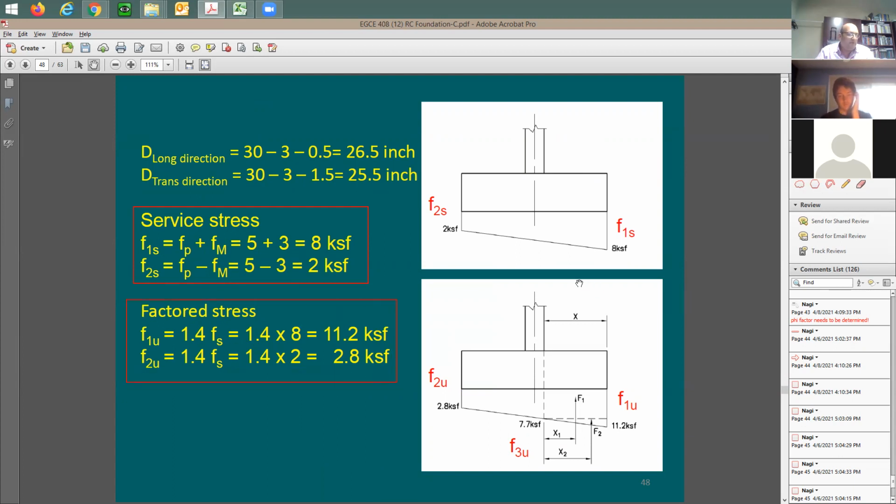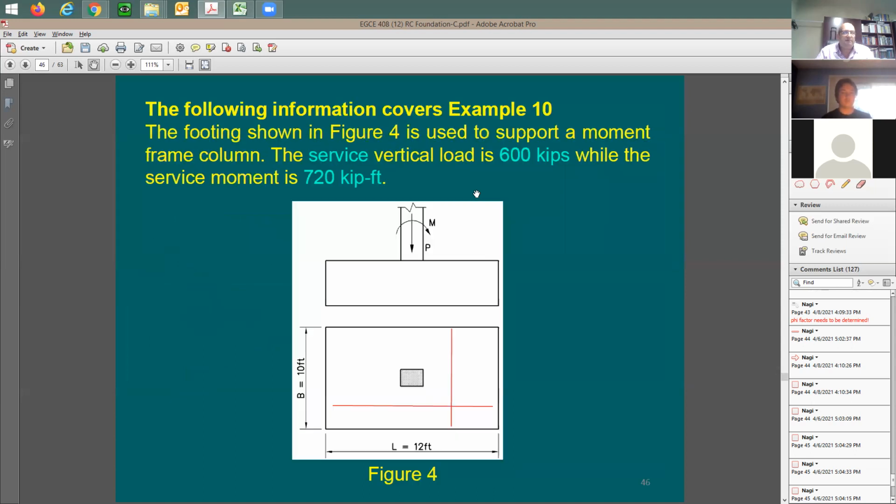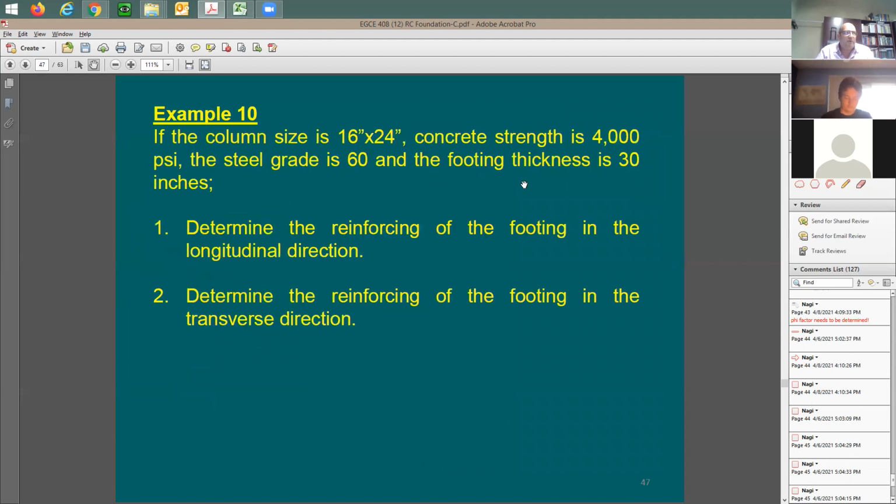Where's the 1.4 coming from? If someone had told me that this much is going to be the dead load, this much is going to be the live load, I would have tried 1.4 dead versus 1.2 dead plus 1.6 live. But the problem was not clear. It just says the service load. So in a case like this, I'm just going to take the 1.4 and use it.